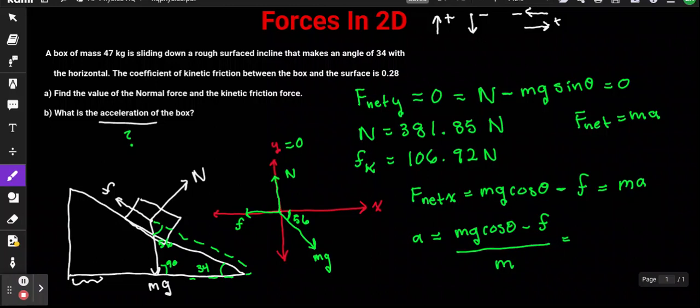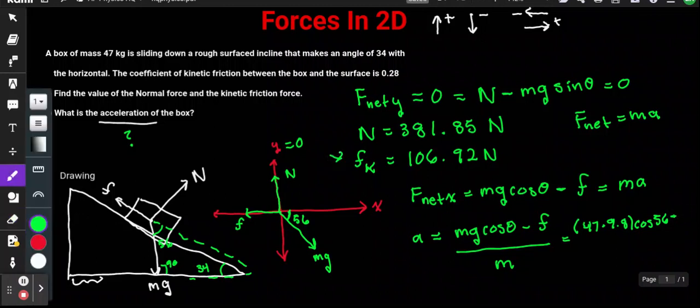So plugging in our numbers, we get 47 kilograms times 9.8, times cosine of our angle, 56, minus the force of friction, divided by our mass again, which is 47 kilograms.